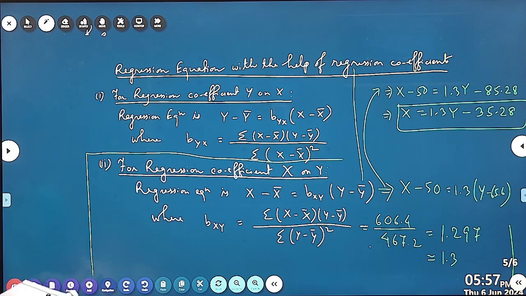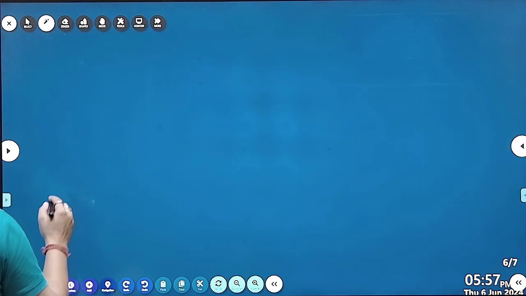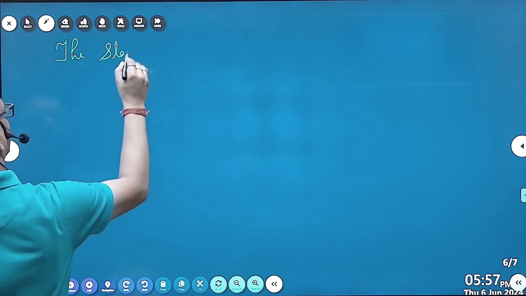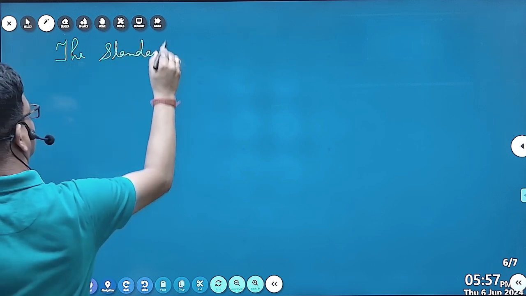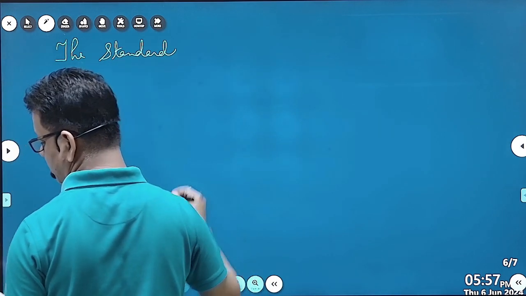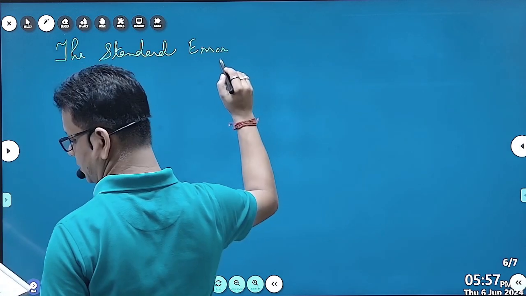The last one, because the question even comes from here. The standard error of estimate, you can see it is there on page number 372.